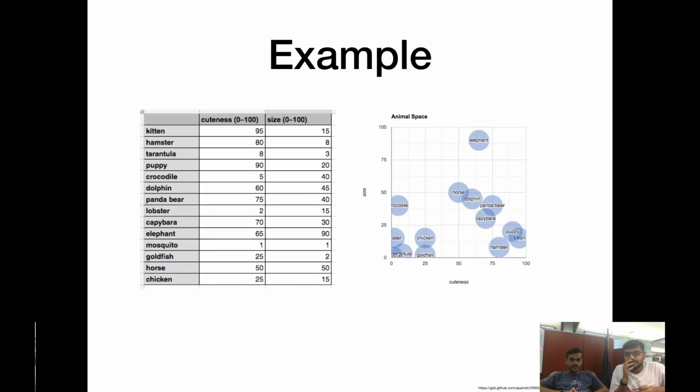Okay, so these are all our words which we want to represent as a two-dimensional vector here, with cuteness and size. So now the word kitten is represented as a vector of 95, 15. And similarly, all these words.